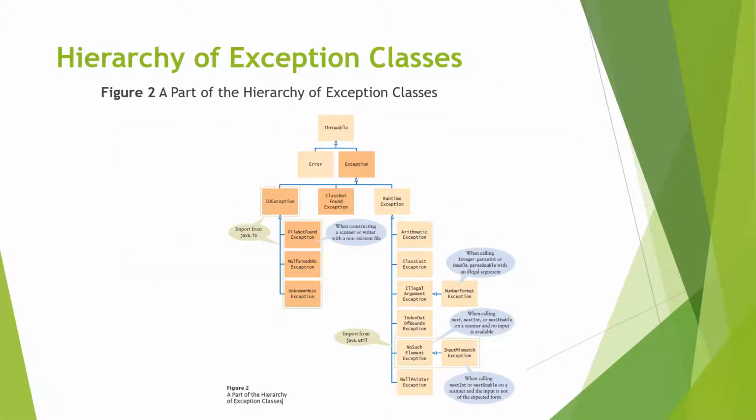So here is a part of the hierarchy of exception classes. It is important to remember some parts of it, especially the top branches. Exception and error are two implementations of interface throwable.